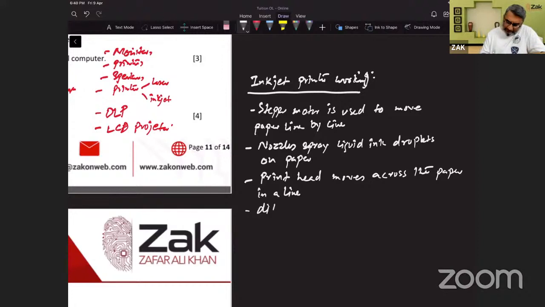Different colors are used to produce required shade.